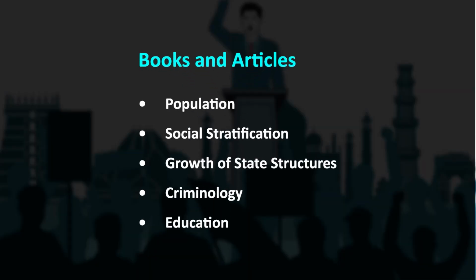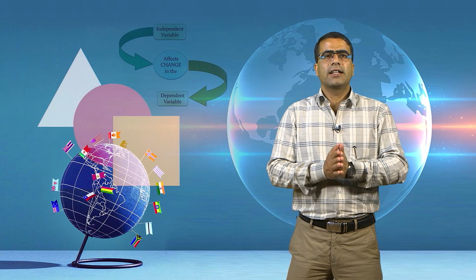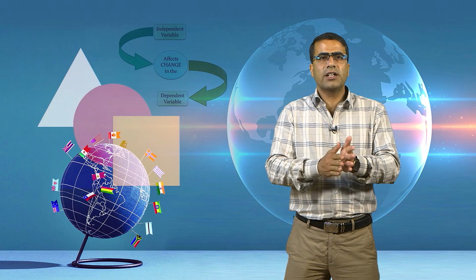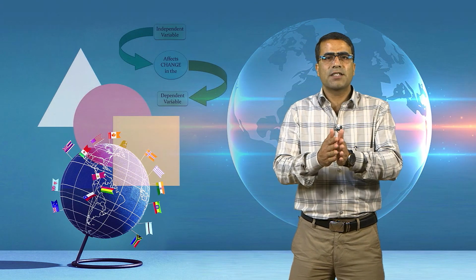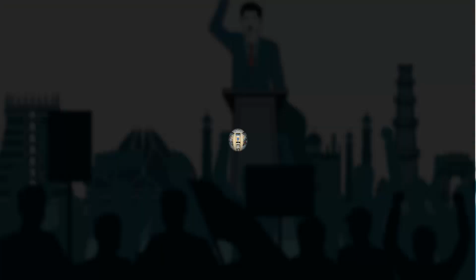There has been a surge in historical comparative work and in case studies of important social events. Books and articles focus on population, social stratification, growth of state structures, criminology, education, electoral system, and many other topics. One very important factor in the growing emphasis on quantitative comparative research has been the explosion in data available for such work.